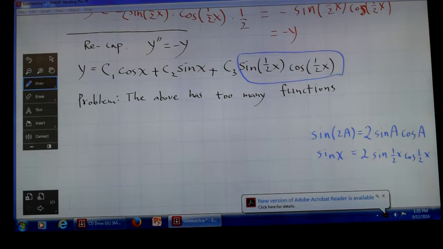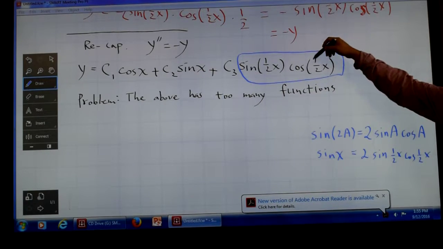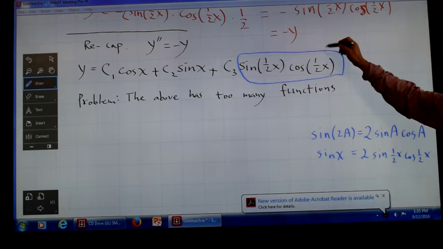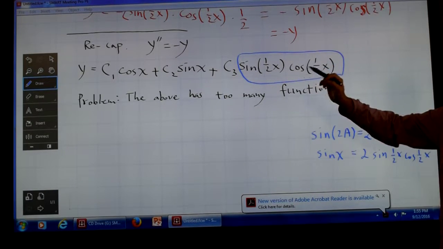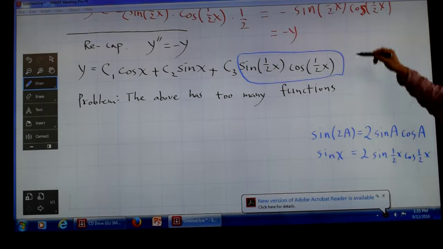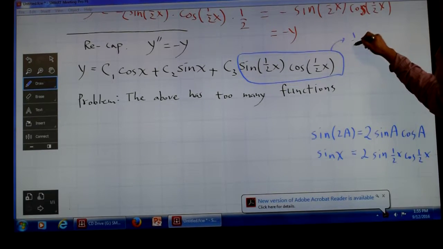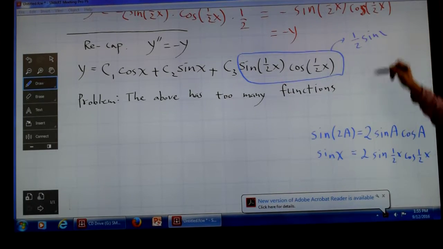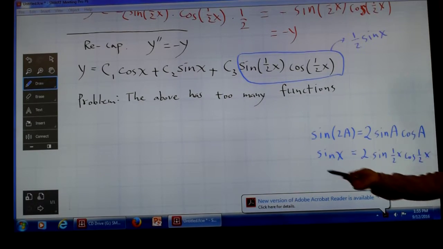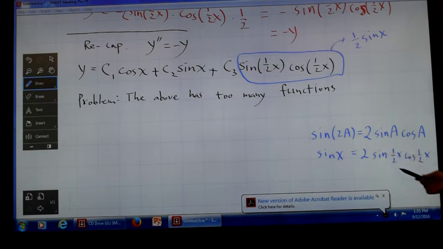So what we thought was a brand new function that was totally different from cosine or sine was indeed just half of sine x in disguise. By the double angle formula, if you divide by 2, you know that sine half of x times cosine half of x is 1/2 sine x. Okay?